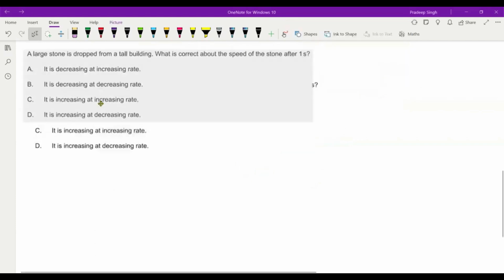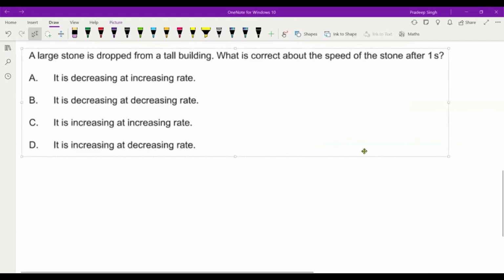Okay, here we go. Try this, both of you. First question. Sir, is it A? Decreasing at increasing rate. Okay, let's see.